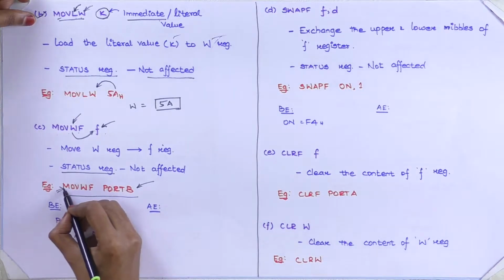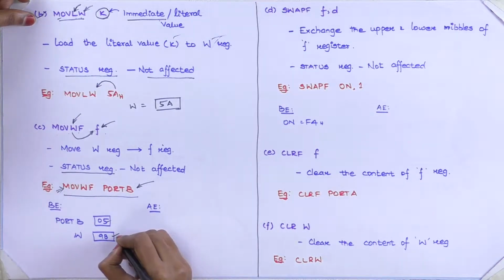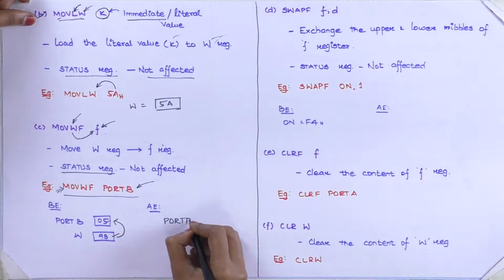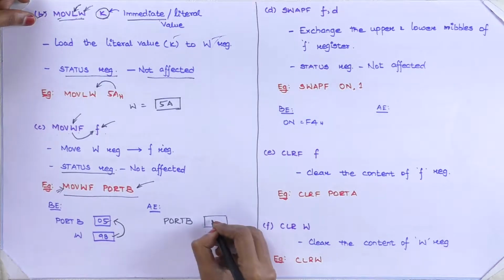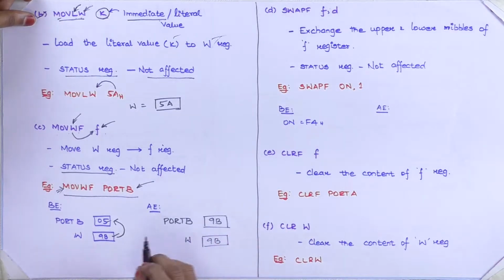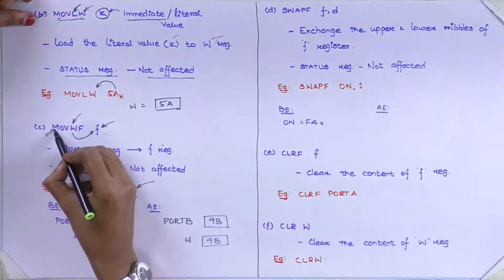When we execute this instruction, it will move the value of the working register into the PORTB register. So the value in PORTB now will be 9B, and the working register will have the same value 9B. That's the explanation for MOVWF.